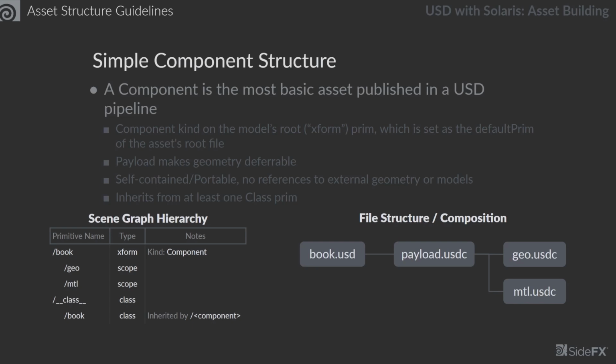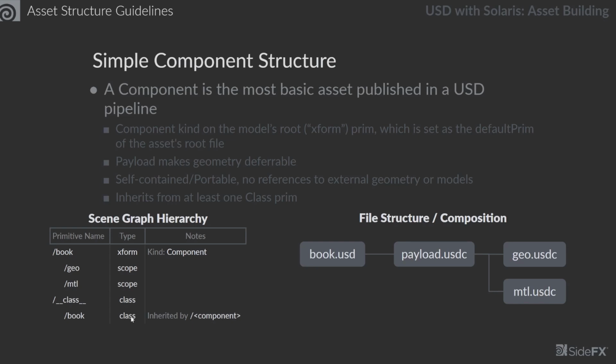And again, there is a class primitive that we're going to be inheriting from. And basically that means that if you look here in our scene graph hierarchy, we have our class here. This is our class primitive. And then there's a book primitive underneath that, and that is inherited by this component. So this component here is looking at this class to see, hey, is there anything that we need to update within this class book namespace in our scene graph?